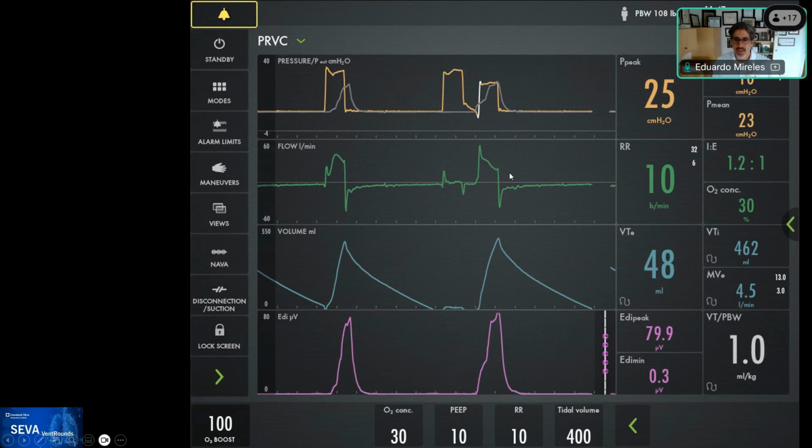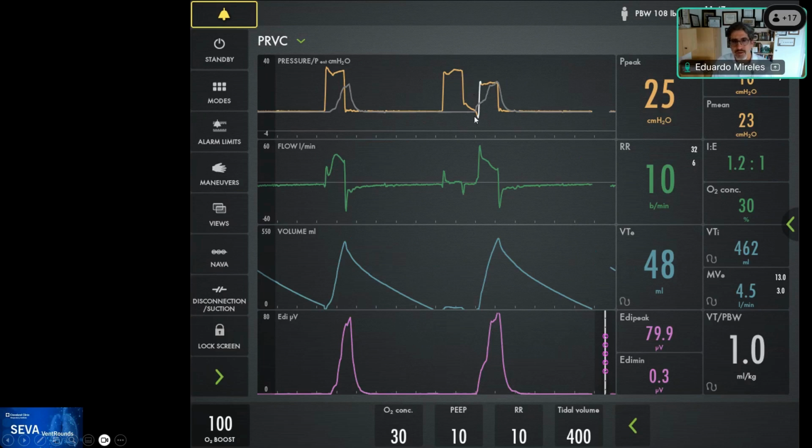Another item I thought was very interesting on this image, you can see the activation of the adaptive targeting. So you see this pressure is higher, and I'll show you another image where you can see that a little bit better. When the patient triggers a breath, and I know Ariel had mentioned this too, and several other people have brought this up, the algorithm for PRVC on this machine, when the patient triggers, uses the pressure that it used for the last spontaneous or patient triggered breath, if that makes sense.